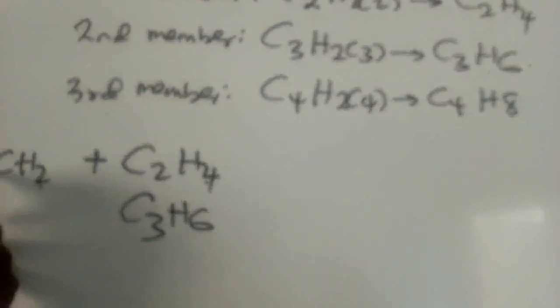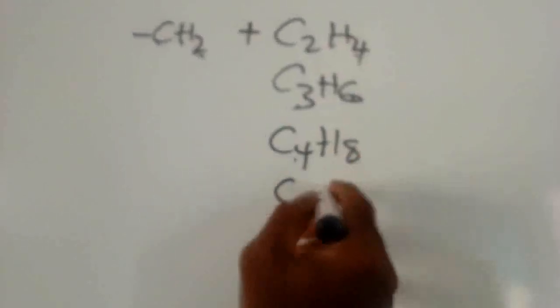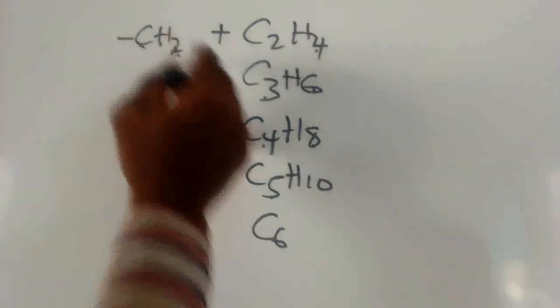Then we'll come back again. 1 and 3 gives us 4, it gives us 8. 1 and 4 gives us 5, 2 and 8 gives us 10. 1 plus 5 gives us 6, 6 plus 6 gives us 12.